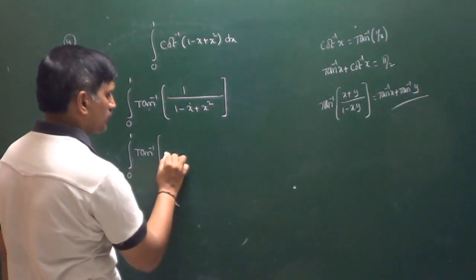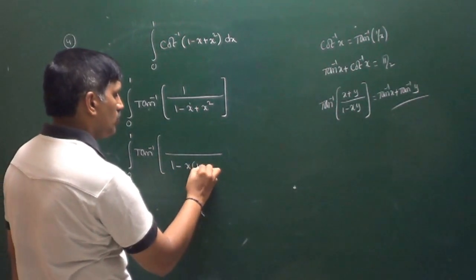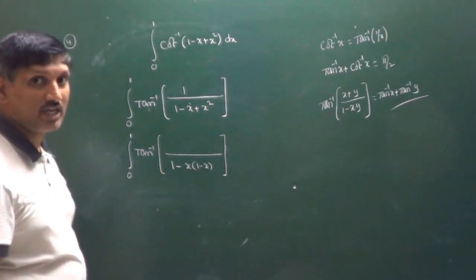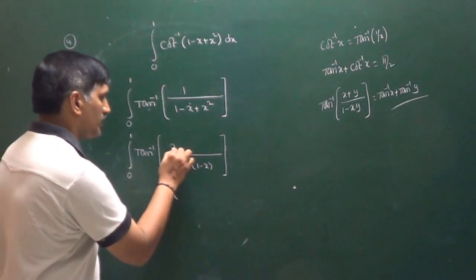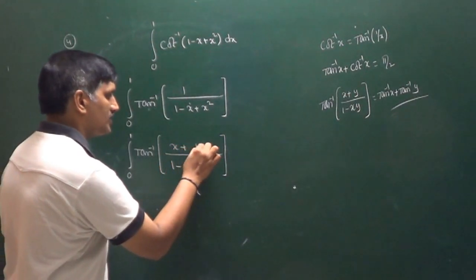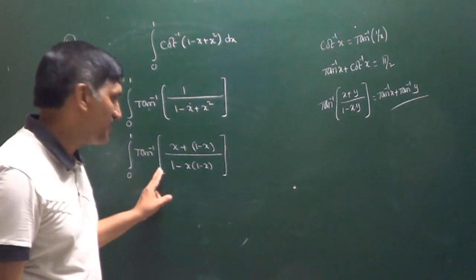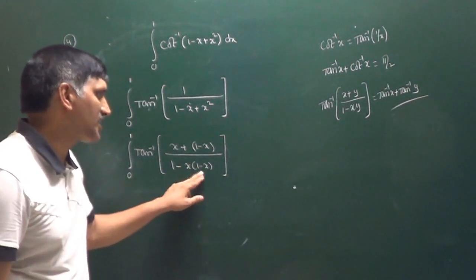Just first of all observe the denominator: 1 minus x into 1 minus x. We can write the denominator like that, or not? Whenever you are writing the denominator in this form, the numerator we can write as x plus 1 minus x. That's what I discussed: tan inverse of x plus y by 1 minus xy.